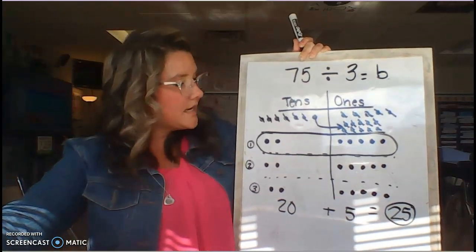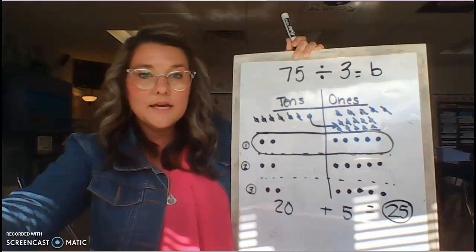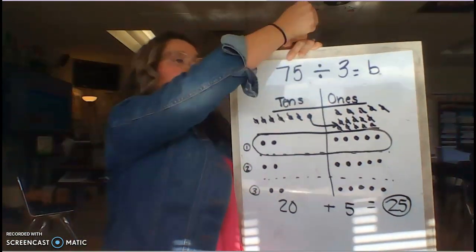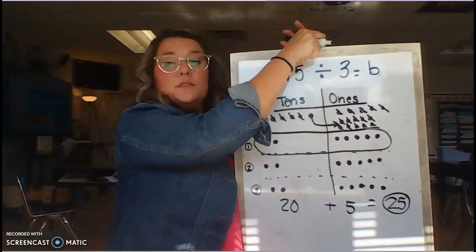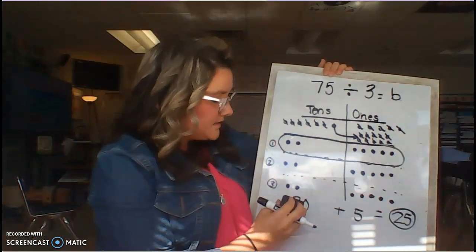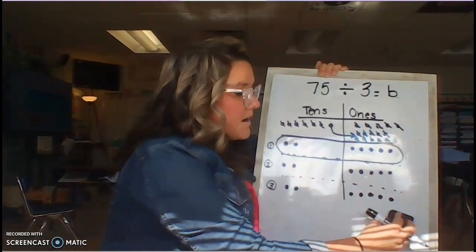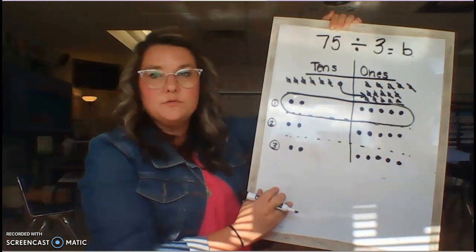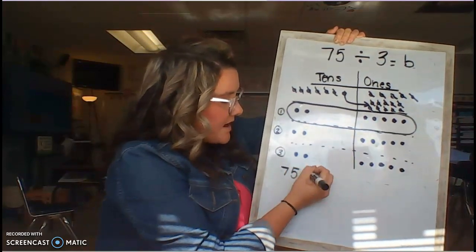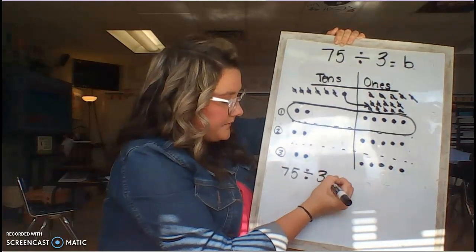Okay, so we're going to take this strategy and we're going to make connections with some equations. Like we did with multiplication and even with division with our area model, I'm going to write a series of equations that models what our picture shows, okay? So I started with 75 divided by 3.